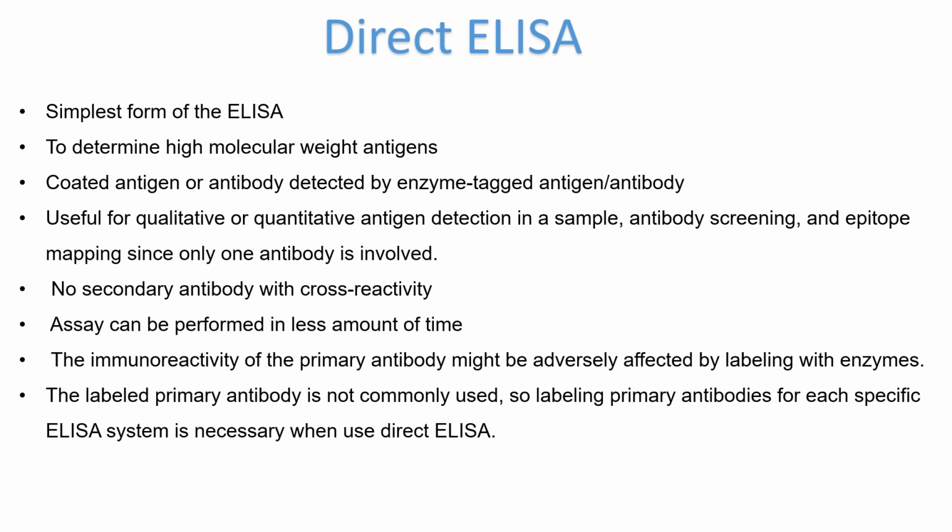Since only one antibody is involved, there is no secondary antibody with the cross reactivity. Assay can be performed in less amount of time. The immunoreactivity of the primary antibody might be adversely affected by labeling with enzymes. The labeled primary antibody is not commonly used, so labeling primary antibodies for specific ELISA system is necessary when we use the direct ELISA.